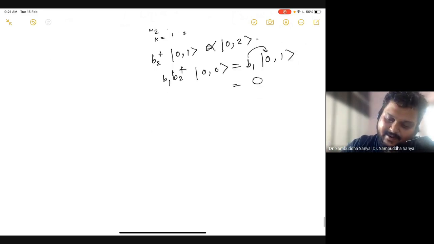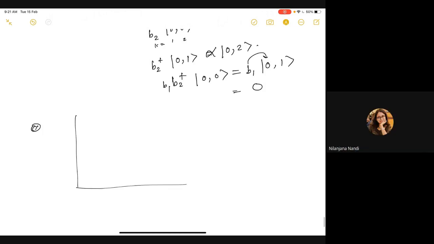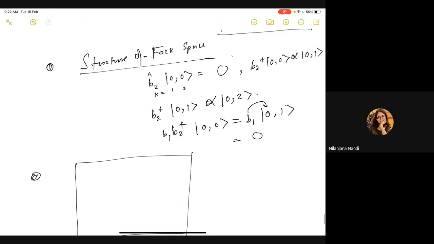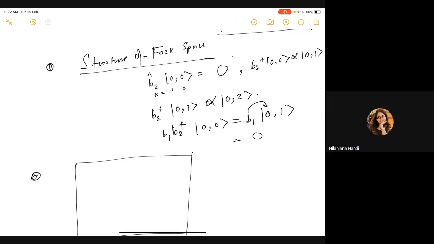So let me now put this thing in a lattice. Sir, you applied B2 on 0, 0 state. So 0, 0 state was already the vacuum state. Can I say that I am applying B2 on the vacuum state and it is giving me 0? I mean, the vacuum state is being destroyed or something like that.